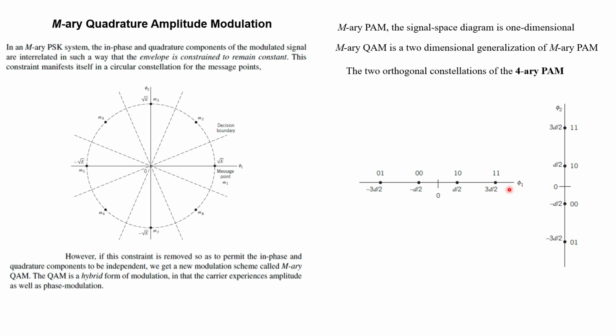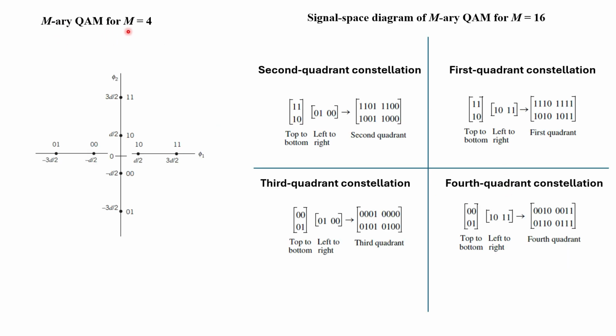So from this we can write M-ary QAM for M is equal to 4, vertical constellation and horizontal constellation. From this M-ary QAM for M is equal to 4, we can obtain the signal space diagram for M-ary QAM for M is equal to 16. How to obtain? Let us see. There are 4 quadrants here: 1, 2, 3, 4. We are going to write in the first quadrant the components that are present here.